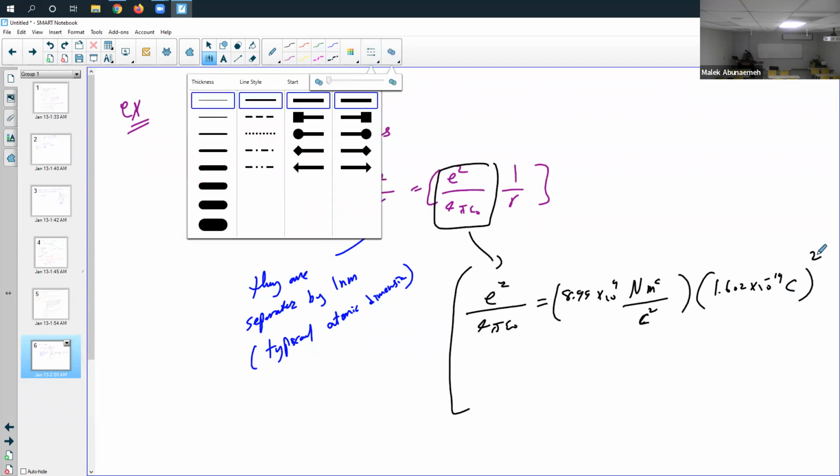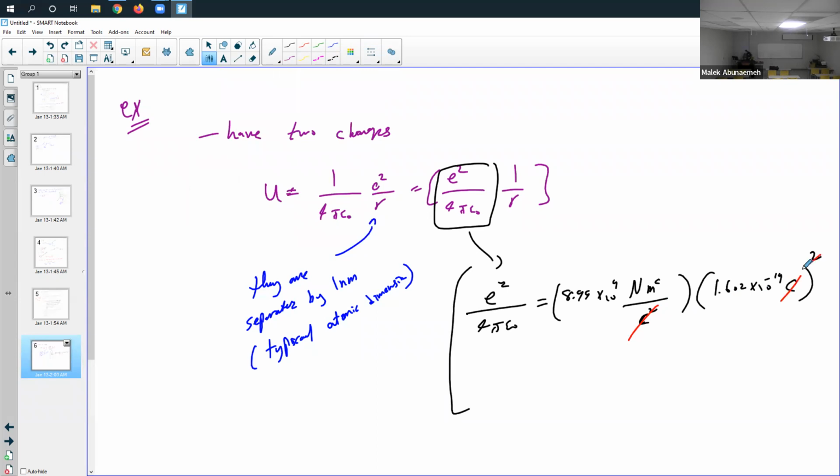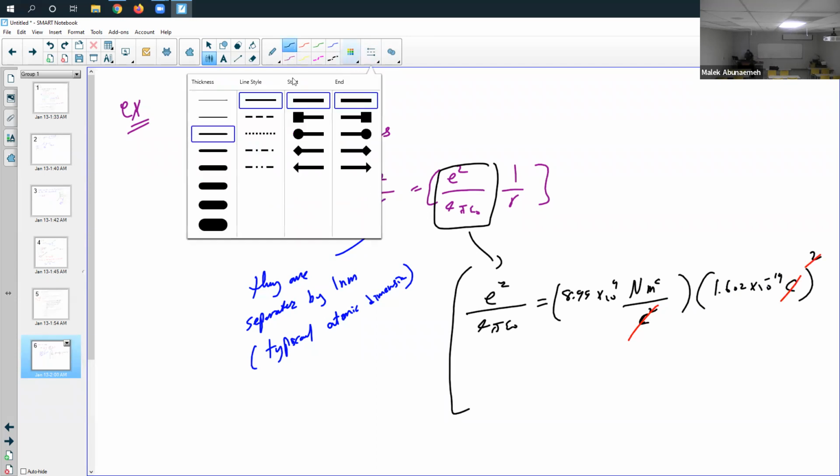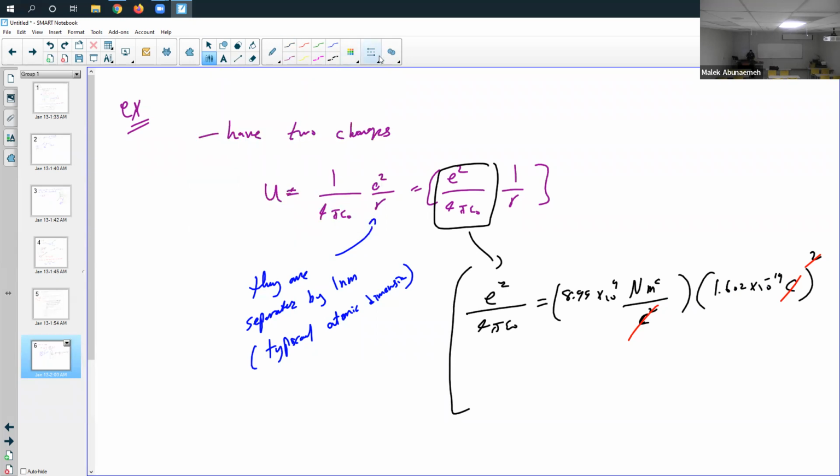You're going to have a coulomb squared over here that's going to cancel with the coulomb squared over there. And if you actually plugged it in, we should get 2.307 times 10 to the negative 28 newton meter squared.